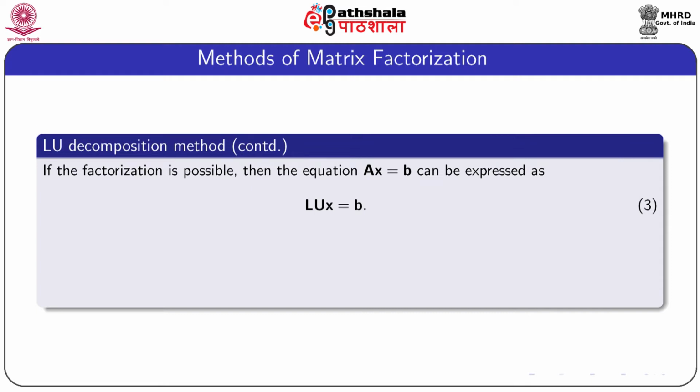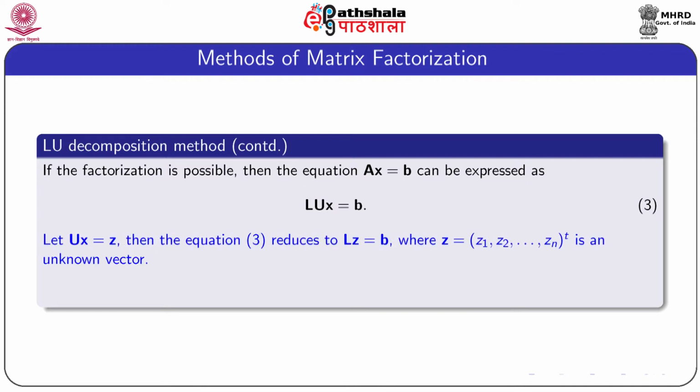If the factorization is possible, then the equation Ax equal to b can be written in the following form: LUx equal to b. Let Ux equal to z, then equation 3 reduces to Lz equal to b, where z is a vector, or we can say that this is a solution vector from the second equation, and that one is z1, z2 up to zn transpose.